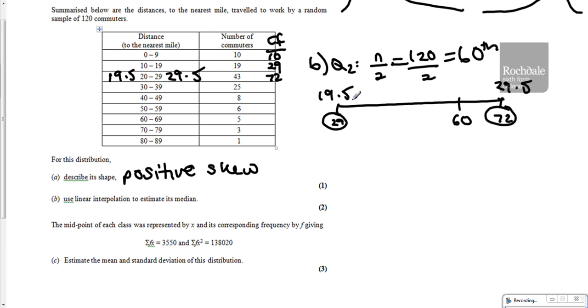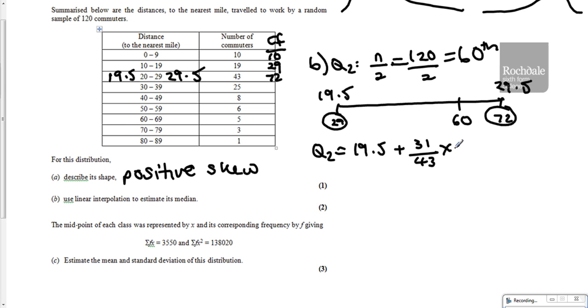So if you remember the formula, we do the lower boundary, which is 19.5, plus the frequency we want. So that's 29 taken away from 60, that's 31. Divided by the frequency in the interval, 29 up to 72, which is 43, multiplied by the class width.